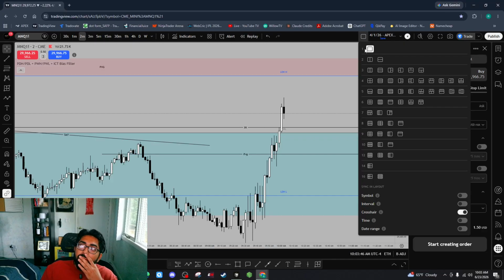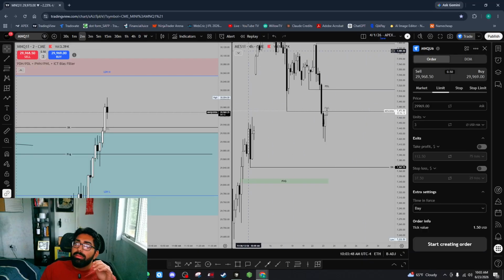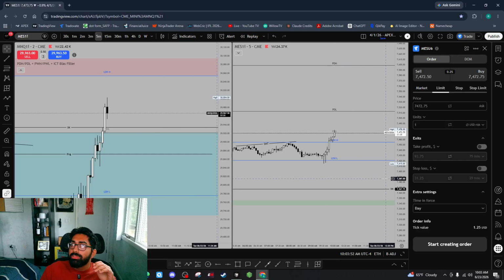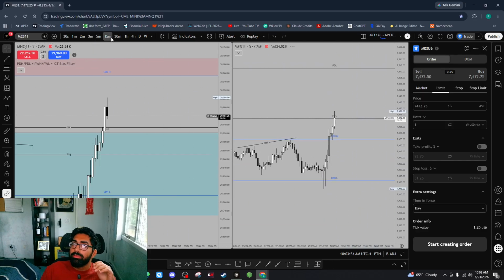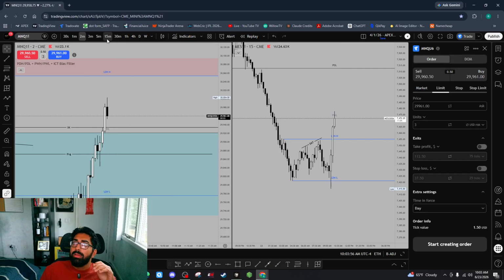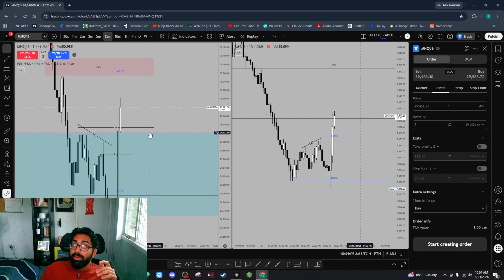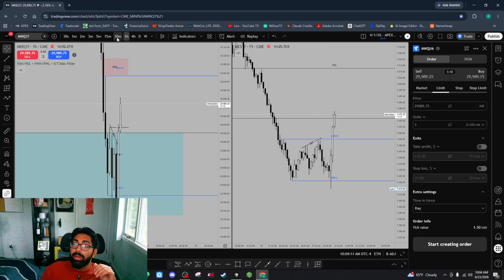So if we compare this to ES right now, let's just go to the 15-minute. NQ has not taken out London highs, whereas ES has. We are within an intermediate high in a bearish fair value gap on the 30-minute and the 1-hour.